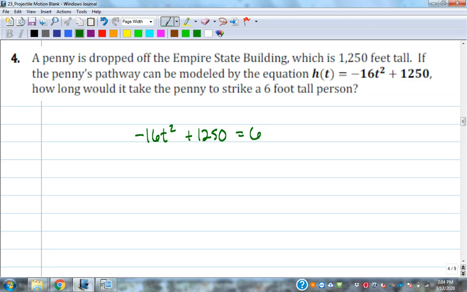Y'all ever watch Mythbusters? I love that show. It was an interesting show. I wish they still did it, but they may do it on one of the science channels now. But they did a whole thing about dropping a penny off the Empire State Building because the rumor was that it would kill somebody if you hit them. They found out that through the turbulence of the penny falling, it couldn't hit somebody at the right angle to break the skin, so it wouldn't kill them.